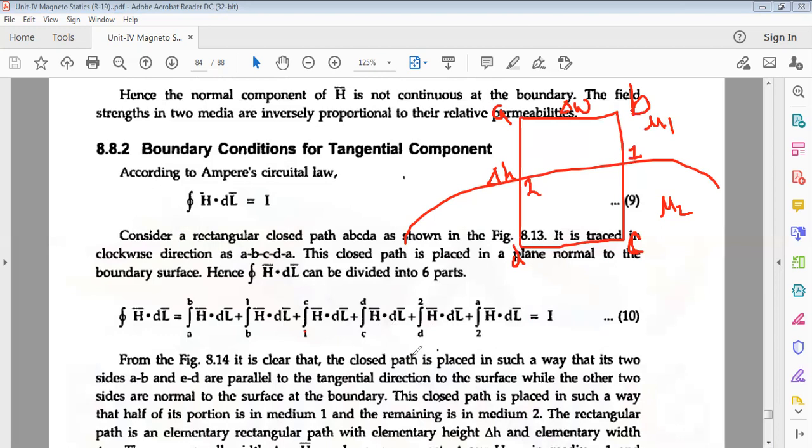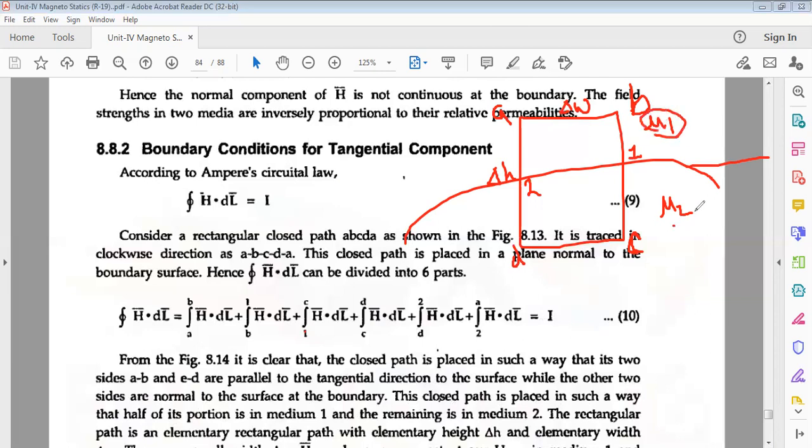Got it, students? The closed path is placed in such a way that its two sides, AB and CD, are parallel to the tangential direction, parallel to the surface, while the other two sides are normal to the surface of the boundary. Half of the path is in medium 1 and the remaining half is in medium 2.